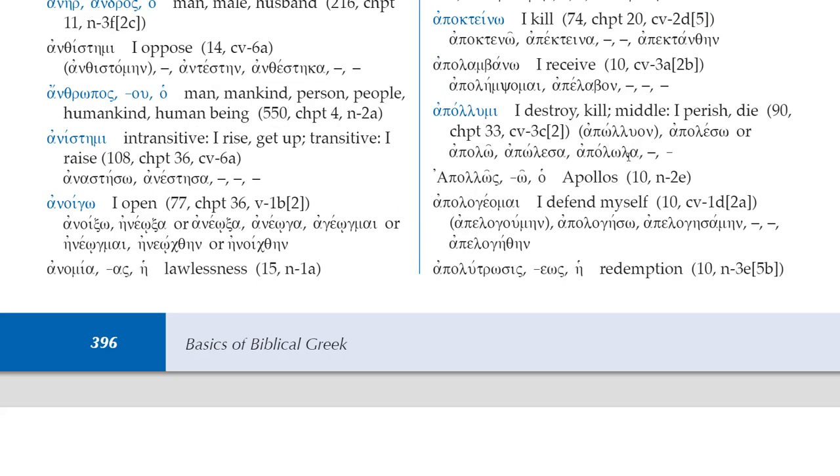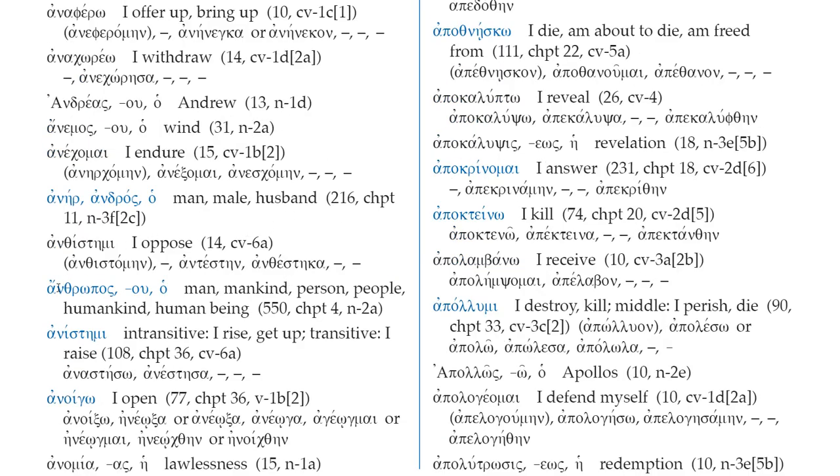So there is alpha, alpha nu, here we go. Alpha nu theta, here's our stem, and we have an omicron sigma ending, so anthropos. Notice in this case the accent is on the first syllable, so we have anthropos.